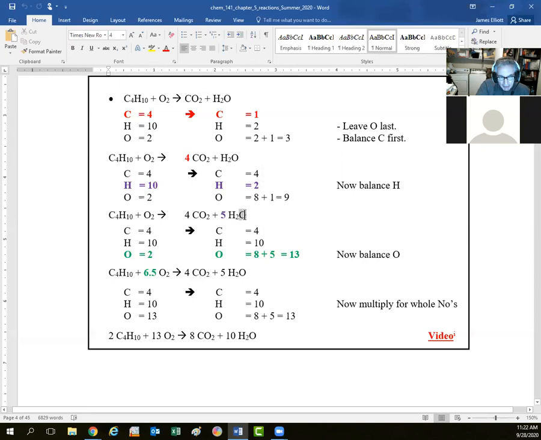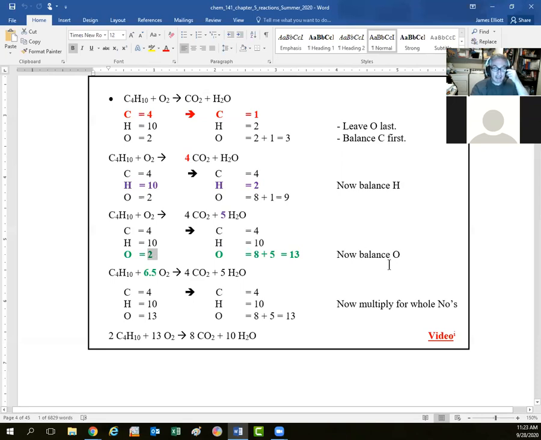That also has an effect on the amount of oxygen. Instead of 1 atom in the 1 molecule, we've got 5 atoms in 5 molecules. So our oxygen total on the right, 8 plus 5, now comes to 13, compared to the 2 on the left from oxygen gas.